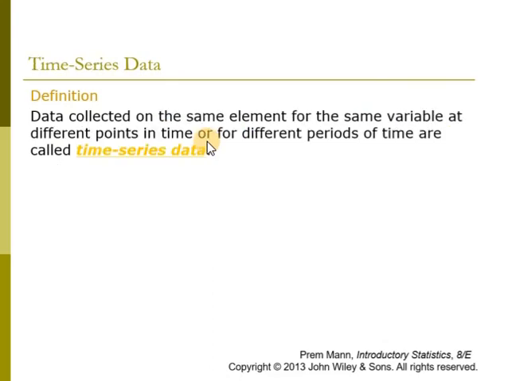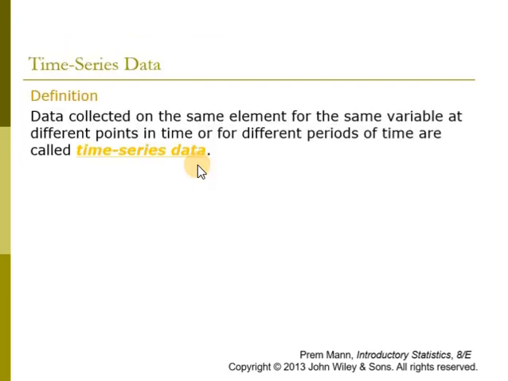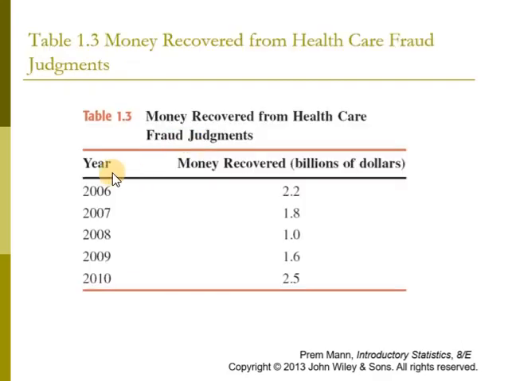The time series is data collected on the same element for the same variable at different points in time or for different periods of time. This is the example: let's say the money recovered from healthcare fraud judgments. This data is collected for the same element, which is the money recovered from healthcare fraud judgments, for the same variable at different points in time, where you have 5 different times or 5 years of collection.